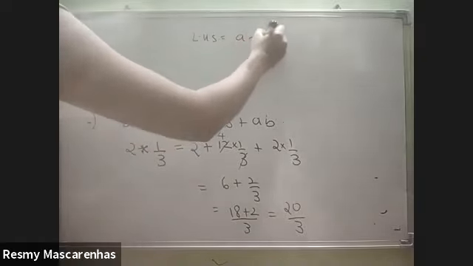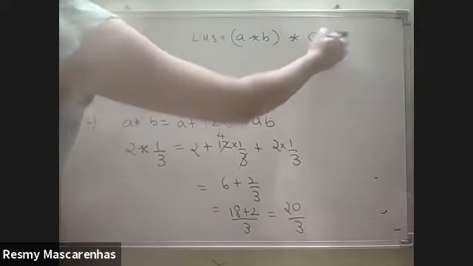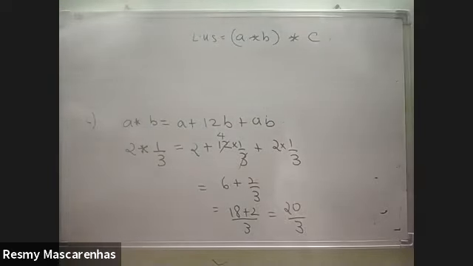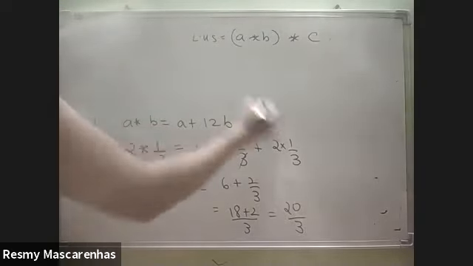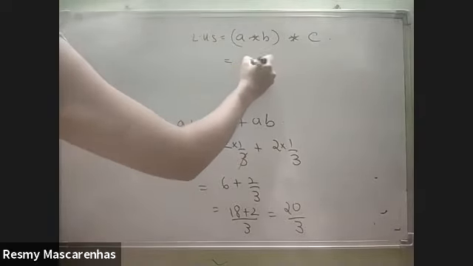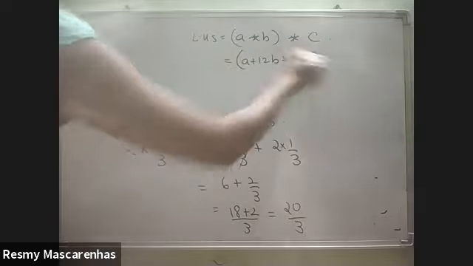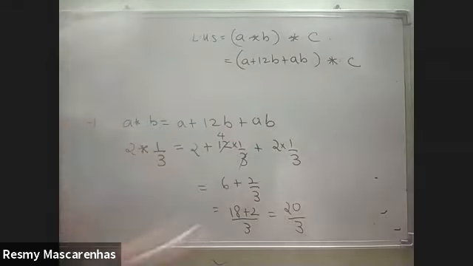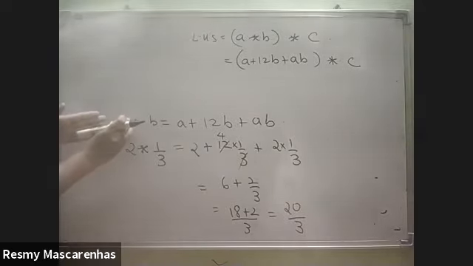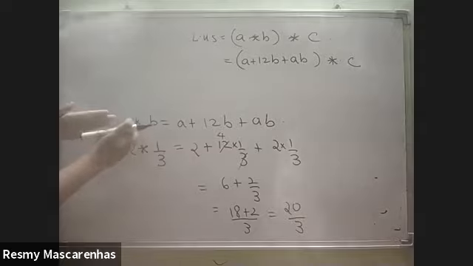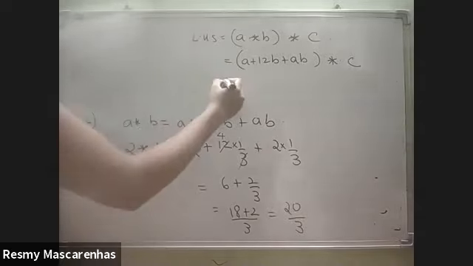A star B star C. Now this formula is A plus 12B plus AB. This is like a first term. This is a second term. So as per the formula, look at this. This is A, this is B. So just put in this formula.